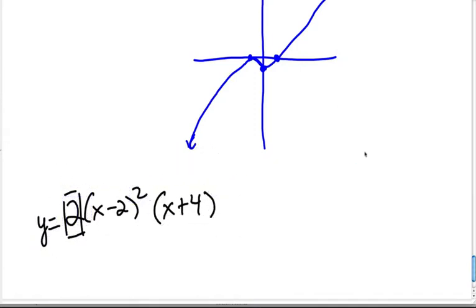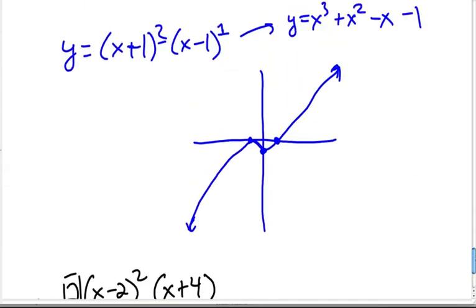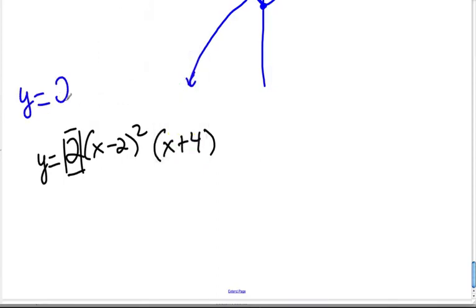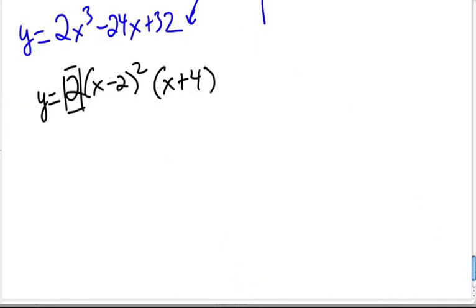We'll delete the box. So as you can see from our equation, which was originally, I'll give you the original equation, y = 2x³ − 24x + 32. As I've said, the first step to graph an equation is to rewrite the equation in intercept form.